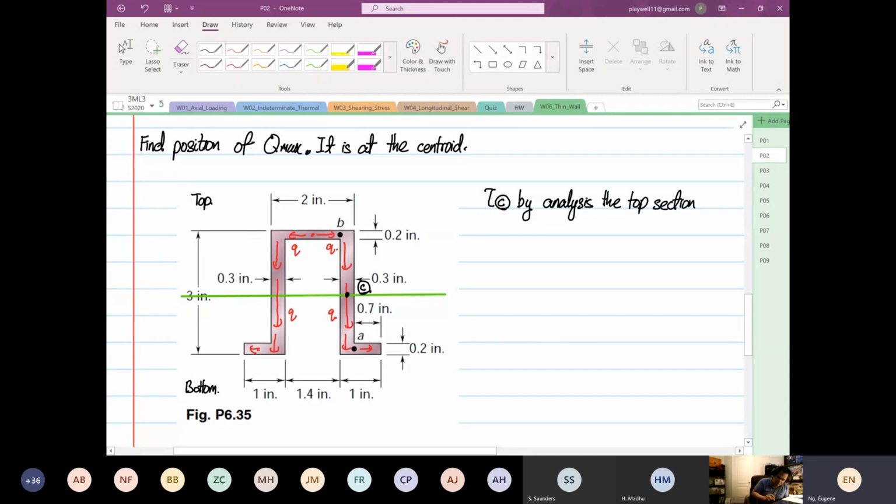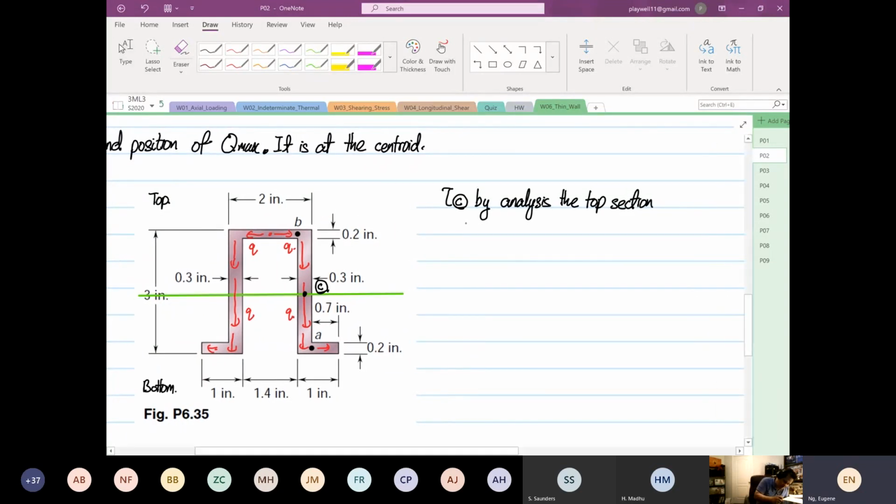Okay, we are going to analyze the top section, right? So you know that the top section is a box beam, whereas box beam is going to be 2Q. So the area that we have to consider is this whole area.